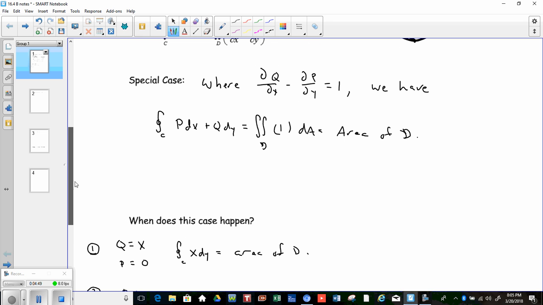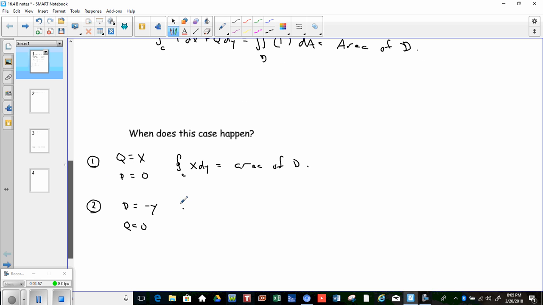So what you would get is dQ/dx would be 0 minus the minus 1, that would equal 1. So that's another way to do it, and that would give us the line integral over C of negative y dx. Again, that's the area of D.